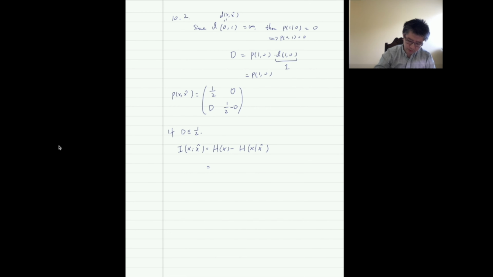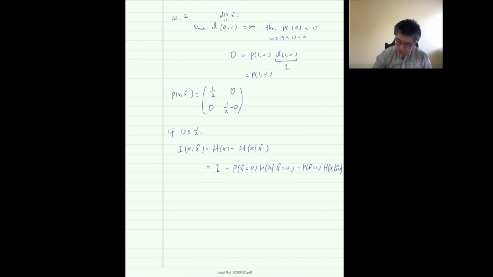H(X) here is nothing but 1, and minus, let's expand it using the two entropy terms: probability X hat equal to 0 times H(X given X hat is 0), minus probability X hat is 1 times H(X given X hat is 1).